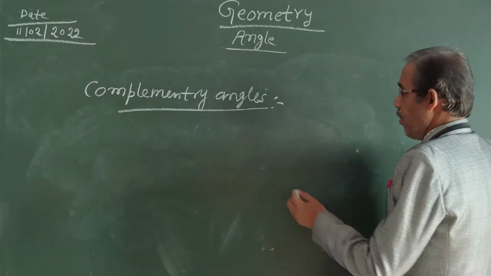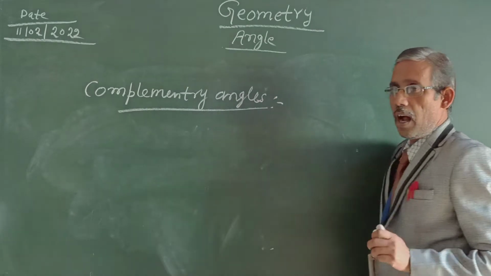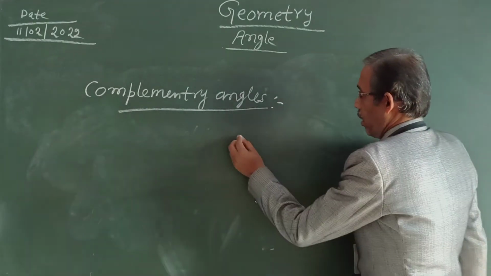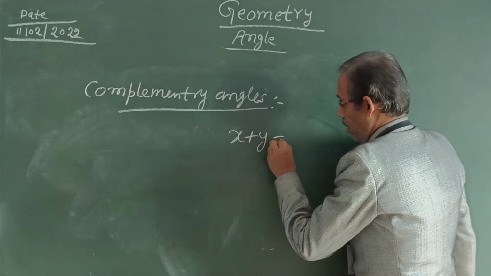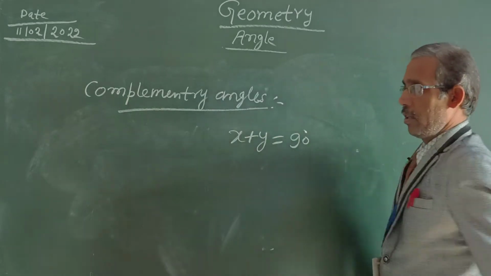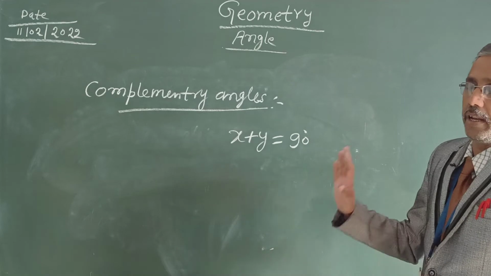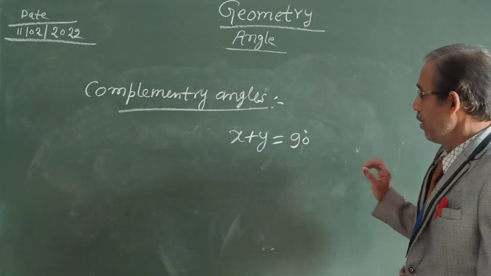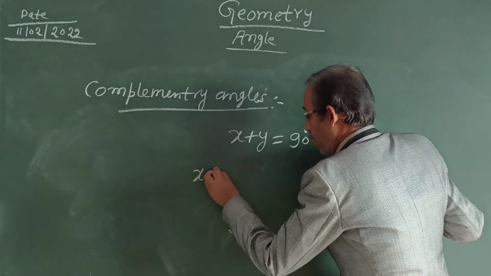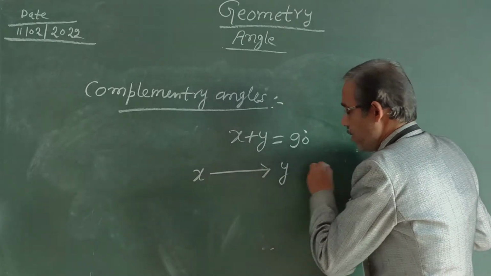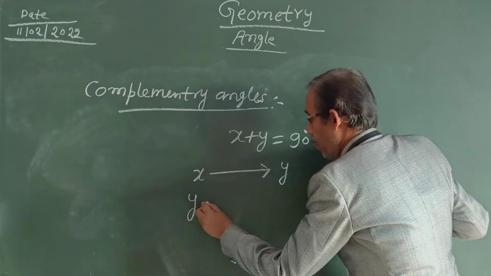If x and y are two angles and their sum is 90 degrees, then x and y are called complementary angles. We read x is the complement of angle y and y is the complement of angle x.